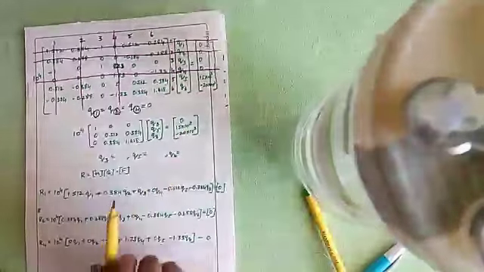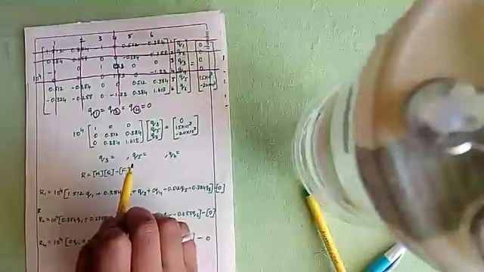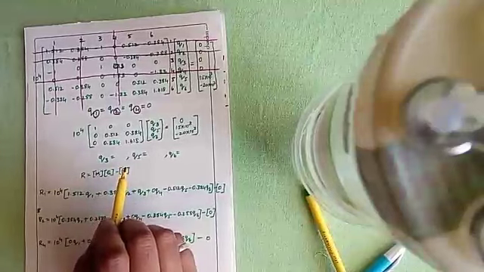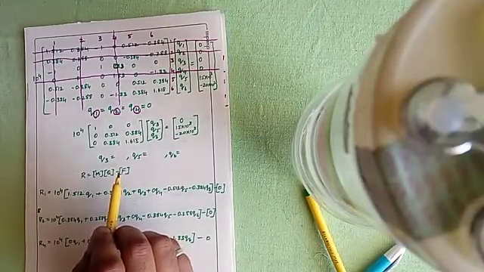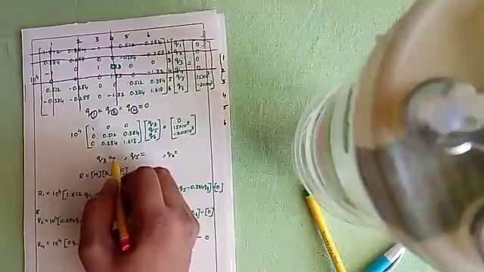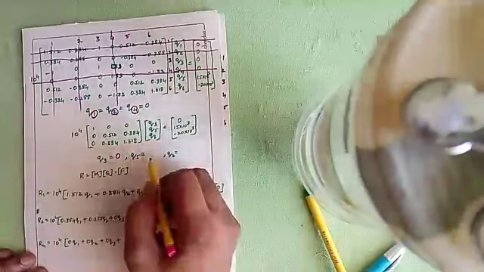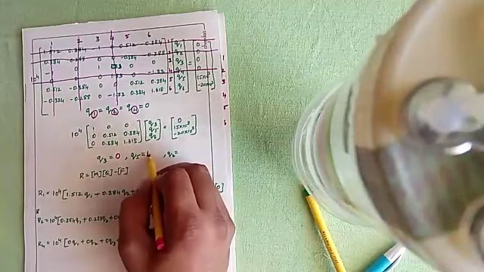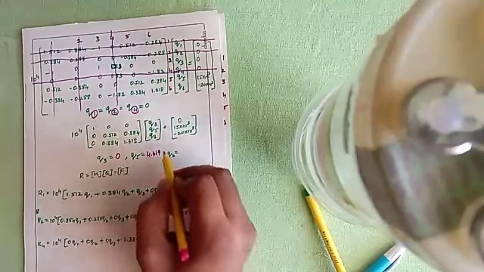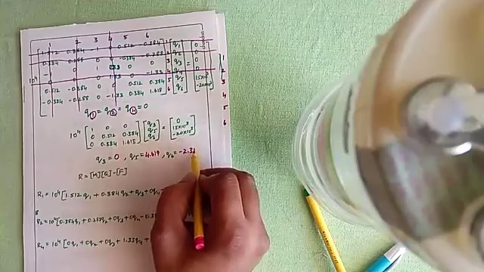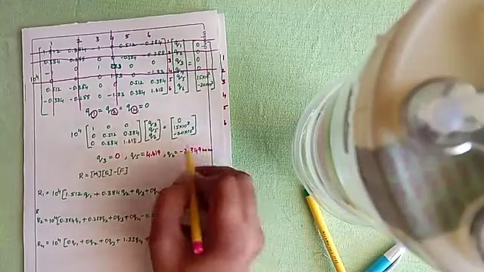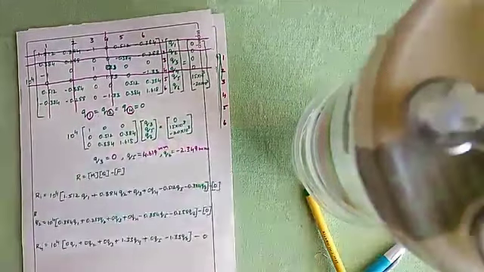If you solve this matrix by the simultaneous equations method, you are going to get the values of Q3, Q5, and Q6, which you can solve in your calculator. So Q3 is 0, Q5 we have got 4.619 millimeters, and Q6 is minus 2.349 mm. Whatever answer we have obtained is in terms of mm.